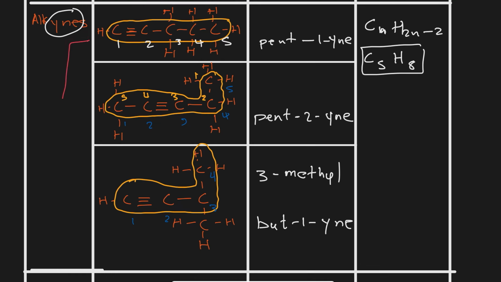We have the same chain, which is 5 carbons, so it's not going to be a chain isomer. But if we look at the position of our functional group, it has shifted. That means between these two molecules, we have a positional isomer, because the functional group has shifted.